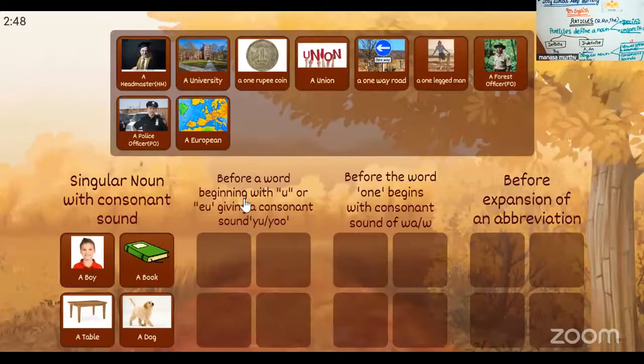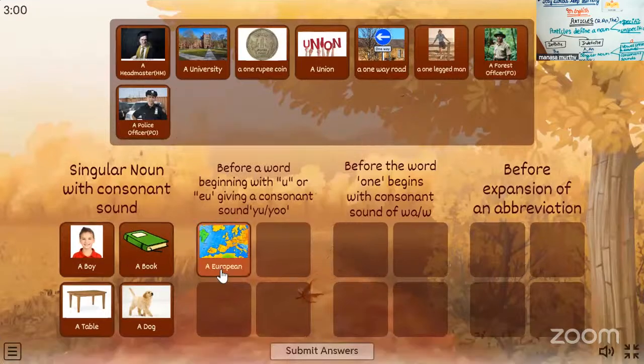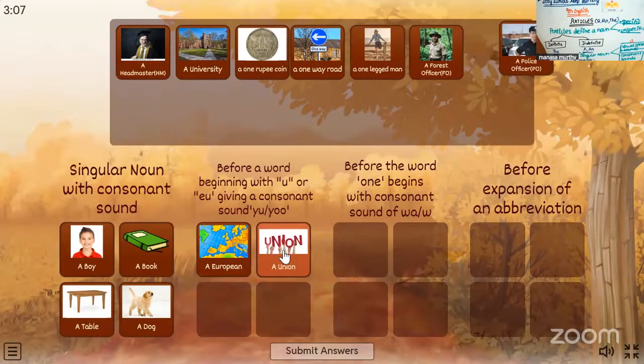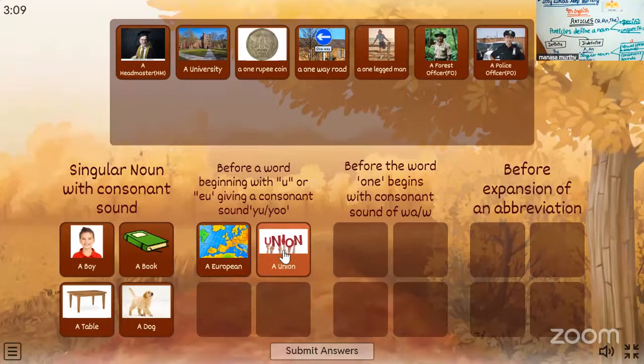Next, before a word beginning with u or eu, giving a consonant sound as you. What is the word? A European. A union. Correct. Any other word that is given over here?